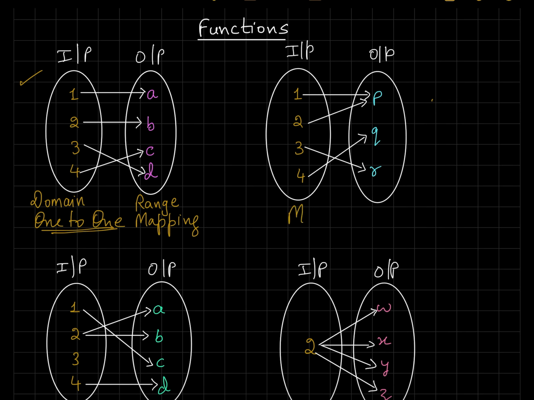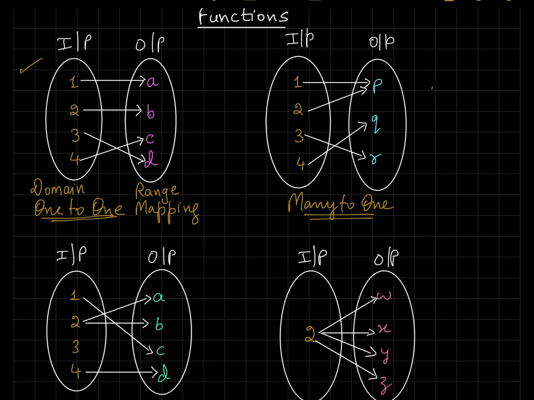So this is a kind of many to one mapping, and this is also a function. Remember, one to one mappings and many to one mappings are always functions. The remaining ones would be one to many.